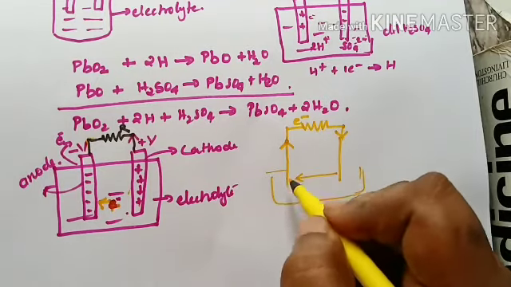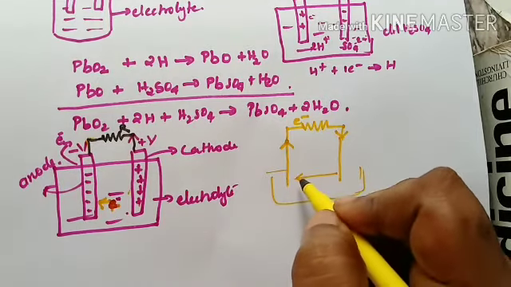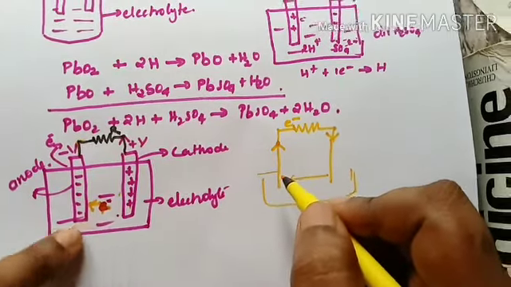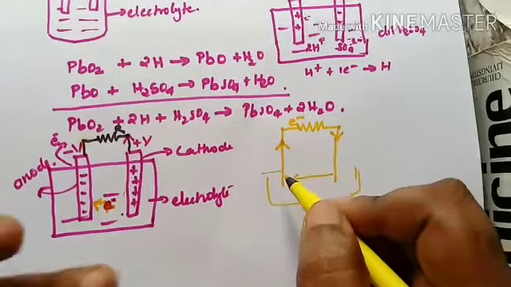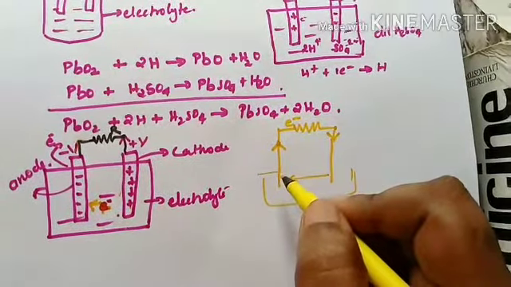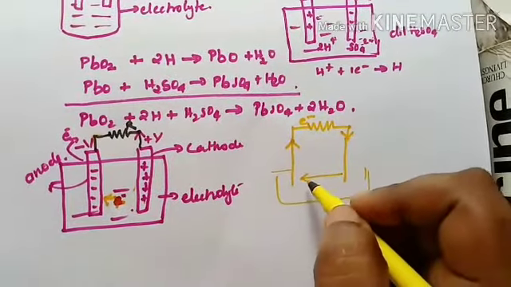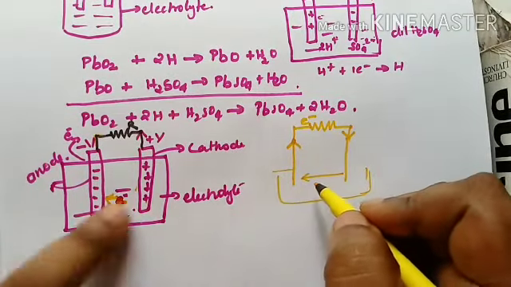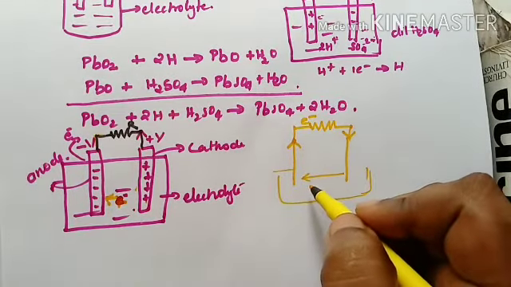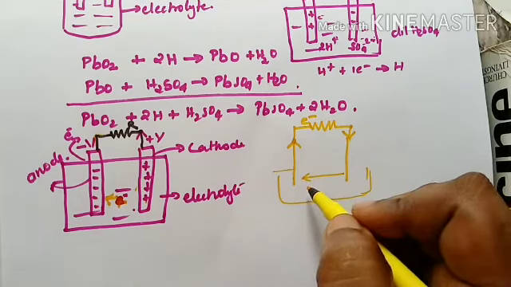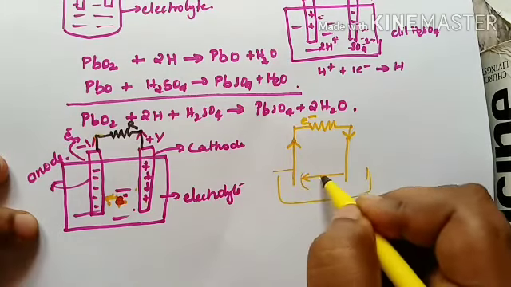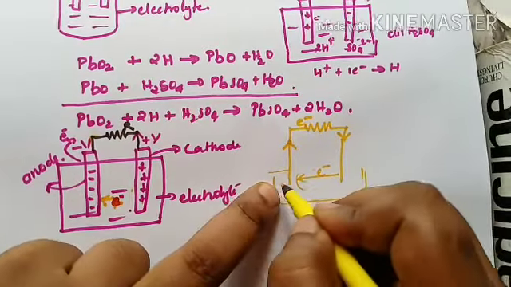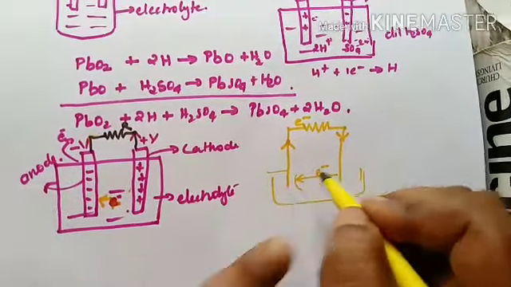To ensure the circuit gets completed, the electron moves towards the negative terminal. But an electron by itself will never move towards a negative terminal. It will always move towards a positive terminal only. So energy has to be given to this electron to force it to move towards the negative anode.